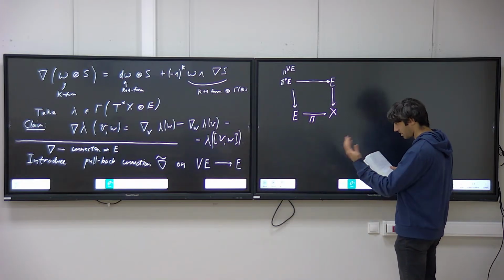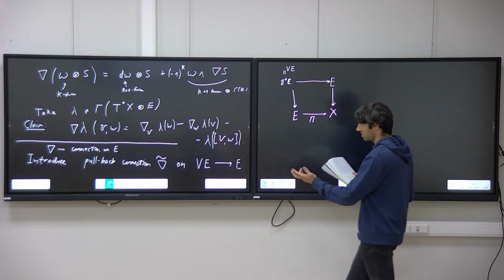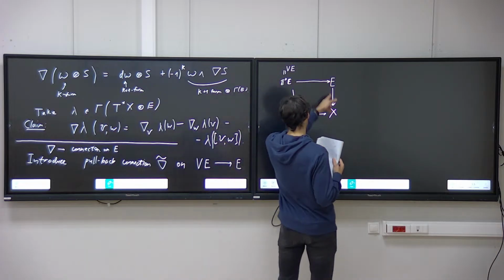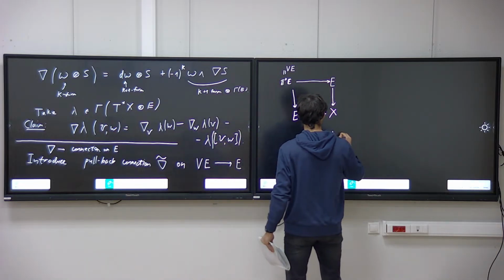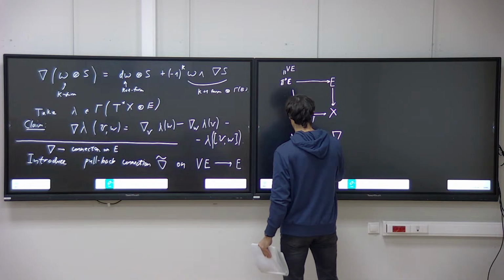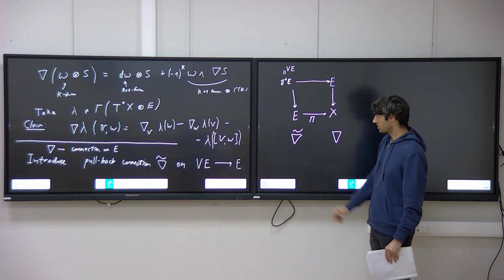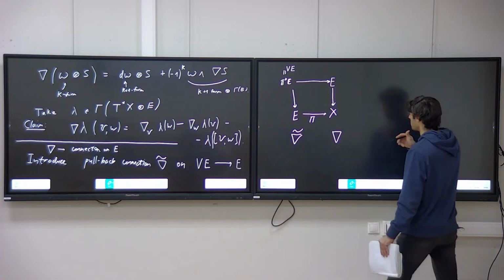Okay, so I have the pullback bundle, and I have nabla, which is a connection on E. So nabla is here, but I want to have nabla tilde, which is on this vector bundle. How do I define it?